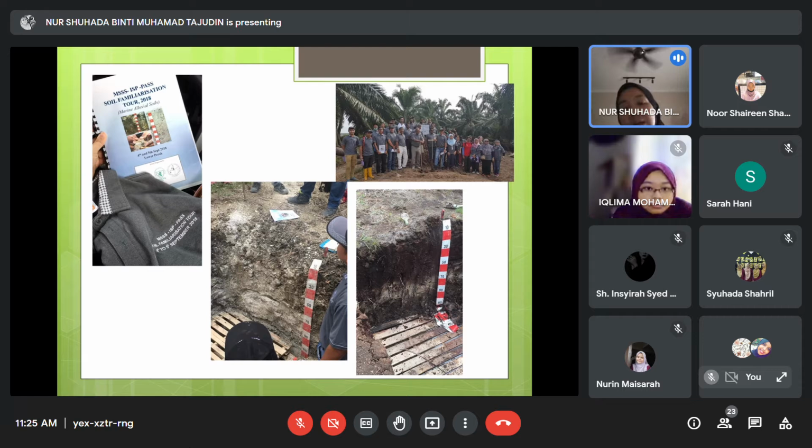Okay, if you see the picture on the left side, the white bits are actually shells. All the sea life from before. In the sea there are shells, cockles, crabs, everything. All this means this type of soil has a very high content of calcium.